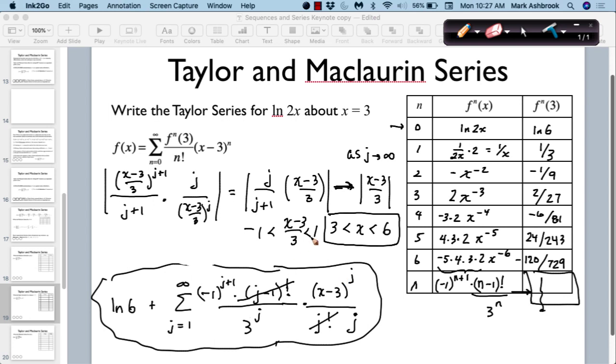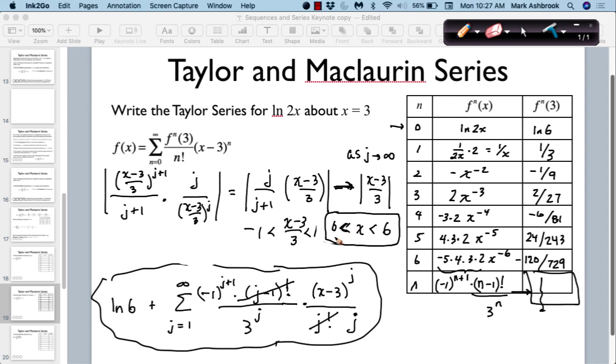Zero to 6. Okay, endpoints. Plug 0 in. You get the harmonic series, so it diverges.